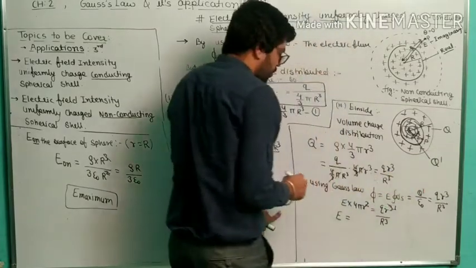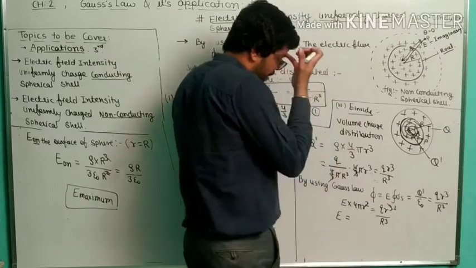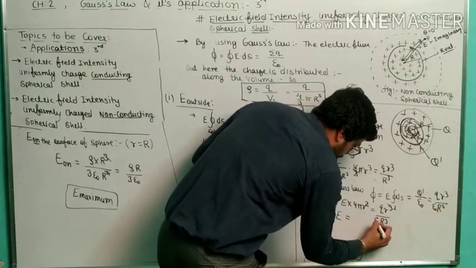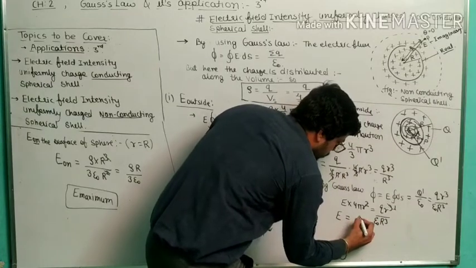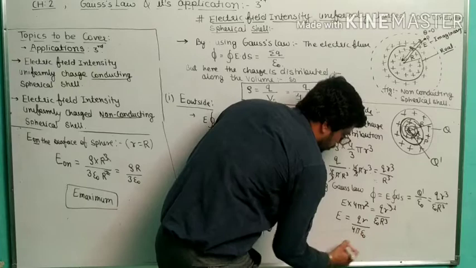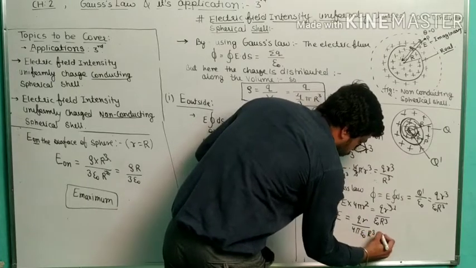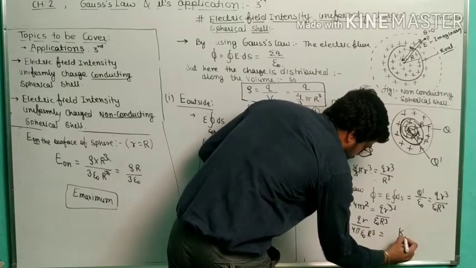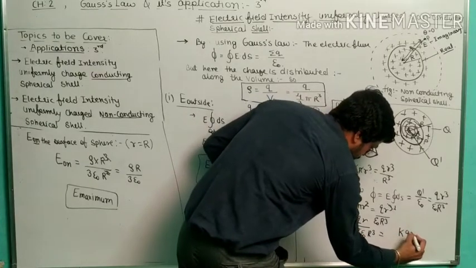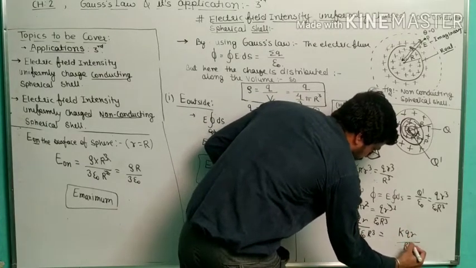This is not a difficult thing to understand. Here epsilon naught is remaining, so E equals Q into r divided by 4 pi epsilon naught into R cube. So this is the expression, K, because 1 upon 4 pi epsilon naught is K, K Q r upon R cube.